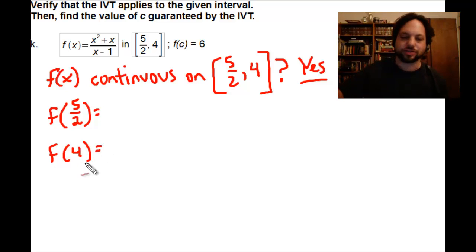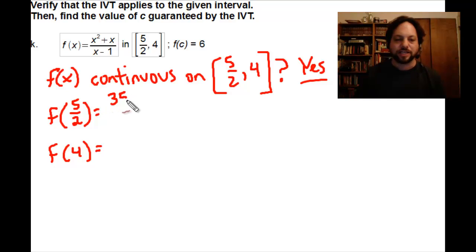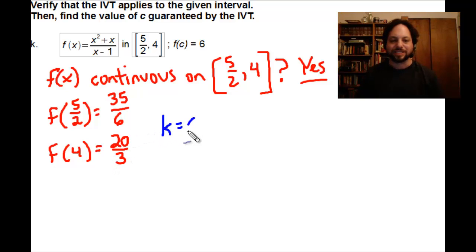That's a fun little exercise in algebra, I suppose, or arithmetic if you like. I will tell you that f of 5 halves is in fact 35 sixths, and f of 4 is actually 20 thirds. Those are pretty nasty fractions, but remember that our k value is 6.